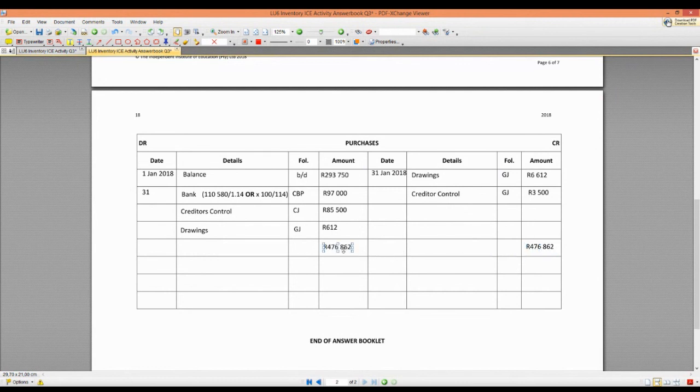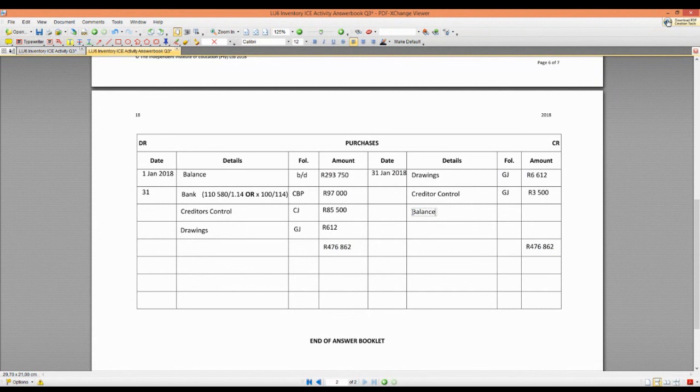Okay, so we've got the 476. Now, you can see from the information above that we've only got a 6,000 and 3,500. So this is clearly a lot smaller than the 476,000.